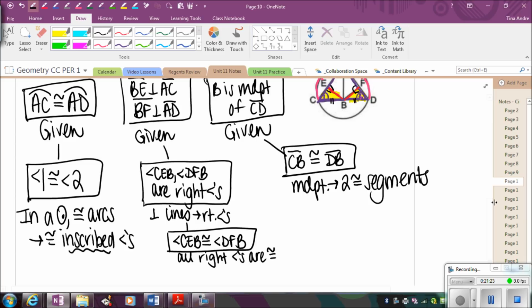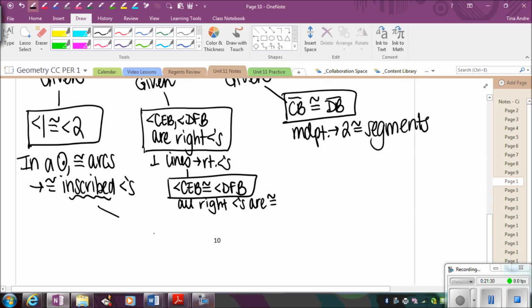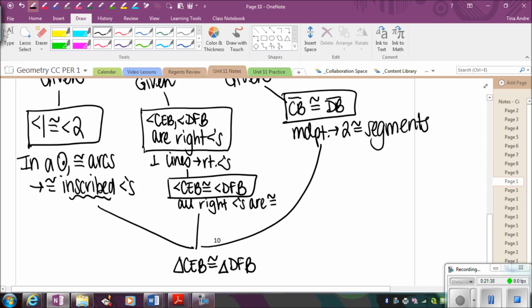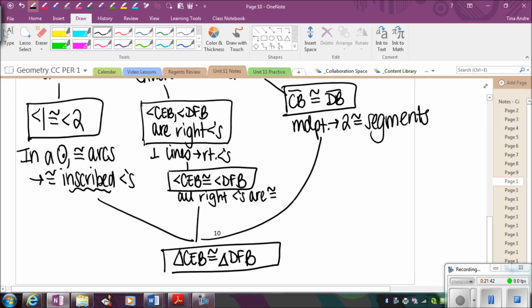So then from here, I have enough to say angle, angle, side. I have all of my 3 pieces, so now I can say that those triangles, CEB and DFB, are congruent by angle, angle, side. Again, here's my angle, angle.